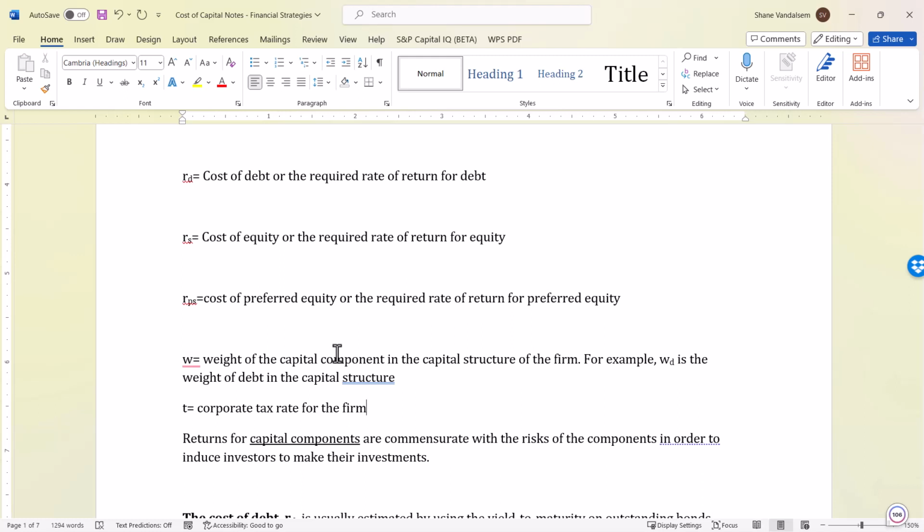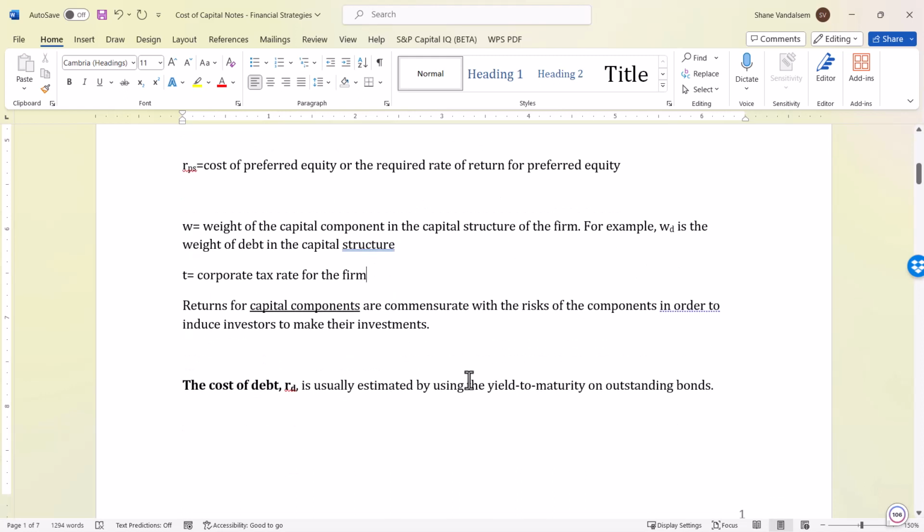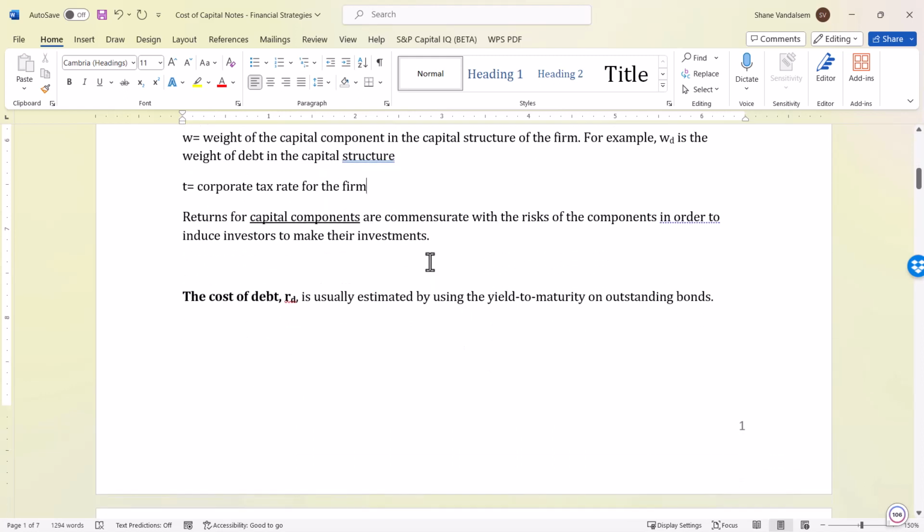So risk and return go together. The greater the risk, the higher the expected return for the investment. One thing I want you to know from this point of view is that for a given firm, the cost of debt, R sub D, must always be less than the cost of equity. Okay.